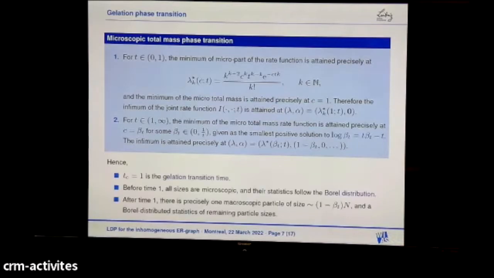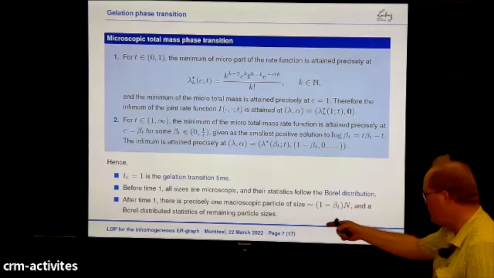So consequences for our purpose: Tc equal to 1 is the gelation phase transition time. Before time 1, all the sizes are microscopic and their statistics follow the Borel distribution, the simplest distribution that never appears in probability 1 lectures. I don't know why.